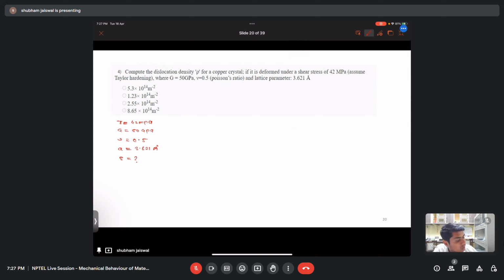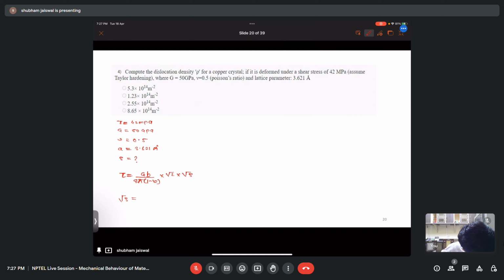Okay. So here we know the Taylor hardening equation, that is tau is equal to Gb upon 8 pi 1 minus mu into root 2 into root rho. So they are asking us to calculate the dislocation density.